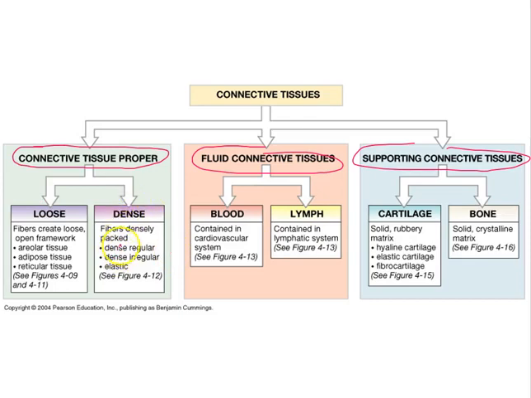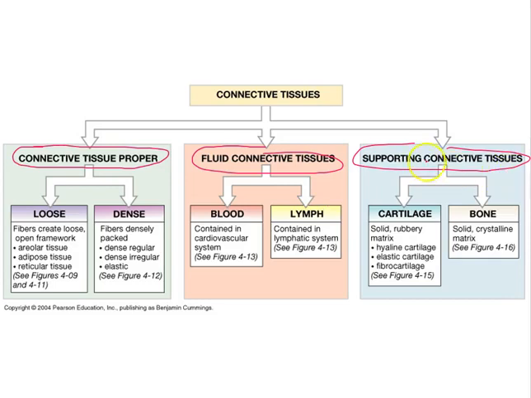The types of dense connective tissue are dense regular, dense irregular, and elastic connective tissue. The fluid connective tissues we have in our body are blood and lymph. Blood is found in our cardiovascular system, and lymph is related to the lymphatic system.